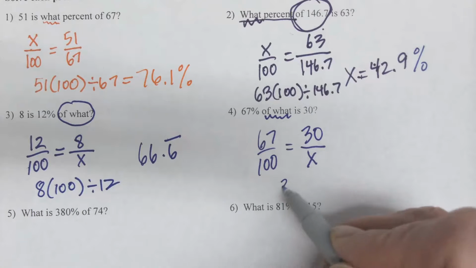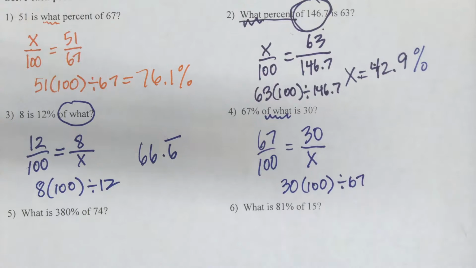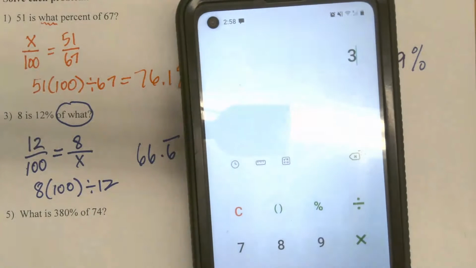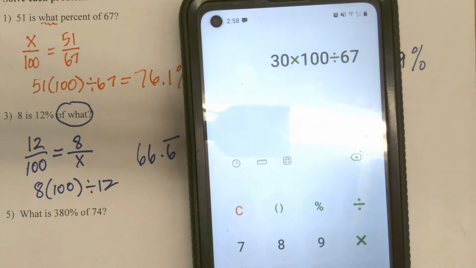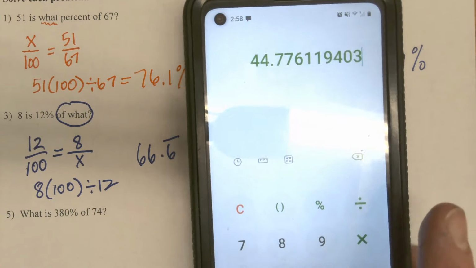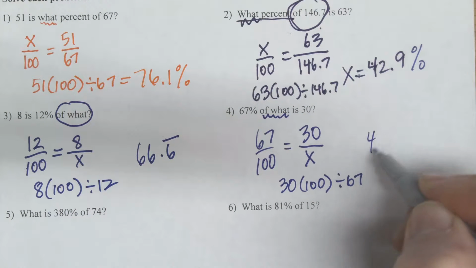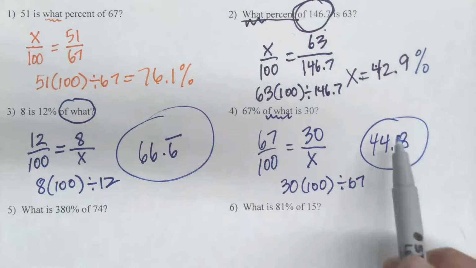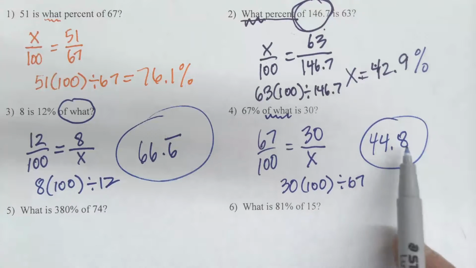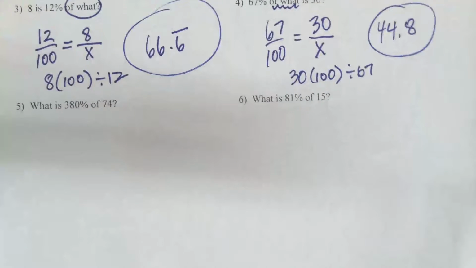So this would be 30 times 100 divided by 67. And I get 44.77, so let's call this 44.8-ish, good enough. And again, I already have a percent, so no percent in my answer. Only when I'm missing a percent do I put a percent in the answer.